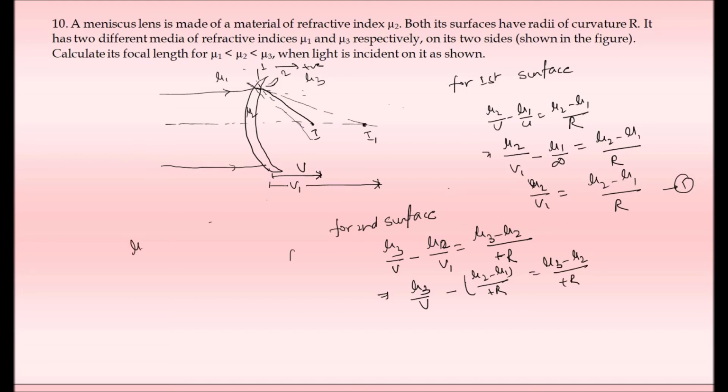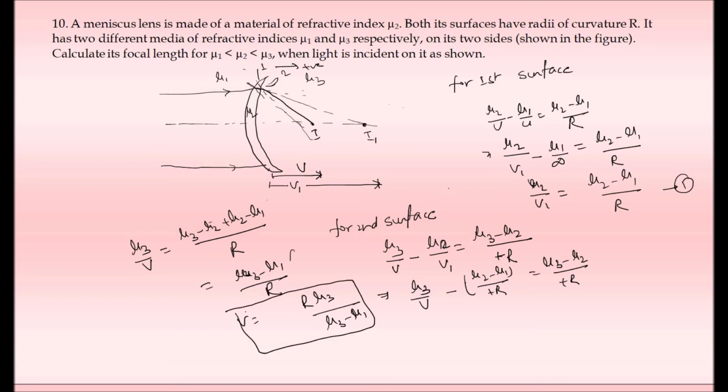So from there we get mu3 by V is equal to mu3 minus mu2 plus mu2 minus mu1, divided by R, that is equal to mu3 minus mu1 by R. So from there we get V is equal to R mu3 divided by mu3 minus mu1.